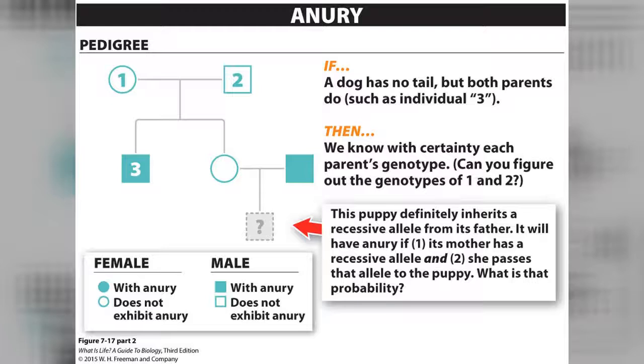Consequently, she has a 2/3 probability of being a carrier of the little a allele, the recessive allele. So if she is, then there is a 50% chance that she will pass the allele on to her offspring, and it will have anury. The probability, therefore, is 2/3 times 1/2 equals 1/3, or a 1 in 3 chance that the puppy will also have anury.